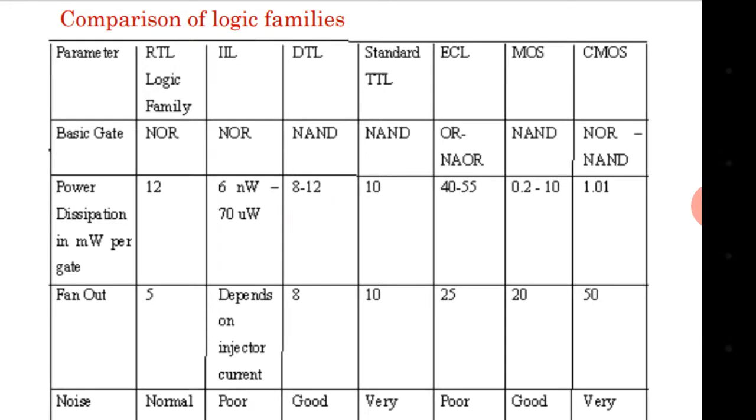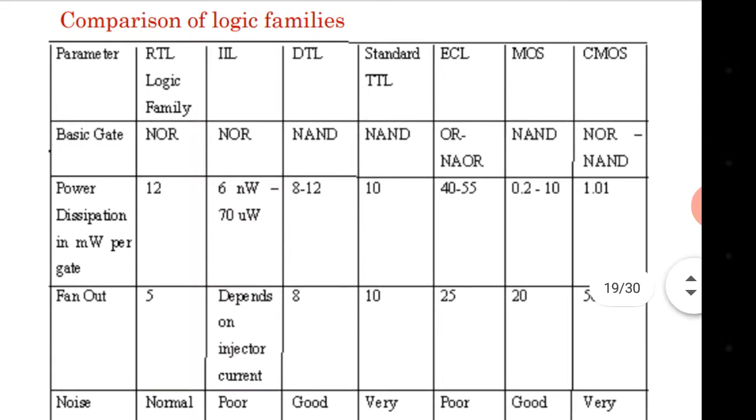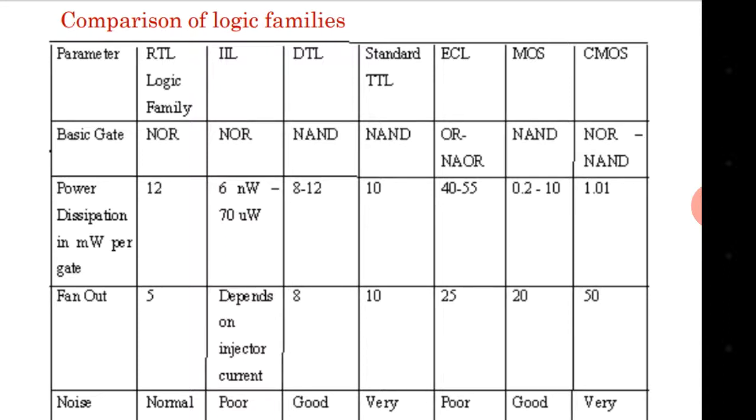DTL is diode transistor logic. Standard TTL logic family. Then ECL, emitter coupled logic. MOS and CMOS. What are the basic gates? For RTL, NOR. For I square L, it is a NOR gate. For DTL, NAND is the basic gate.